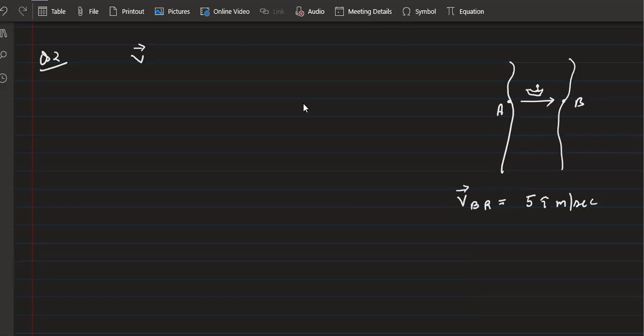How come it is velocity of boat with respect to river? Because it is going in this direction with respect to river only. If a person is sitting in the boat, obviously he will feel that he's going forward only.